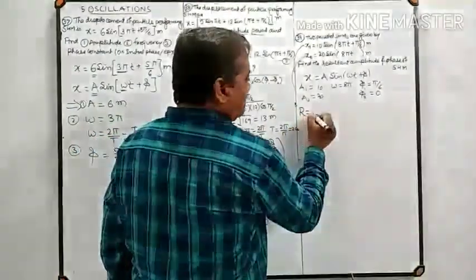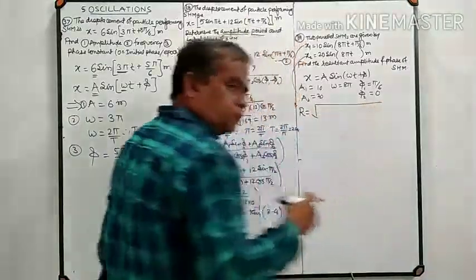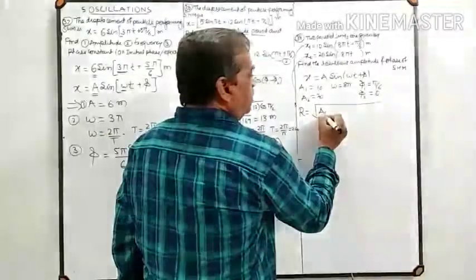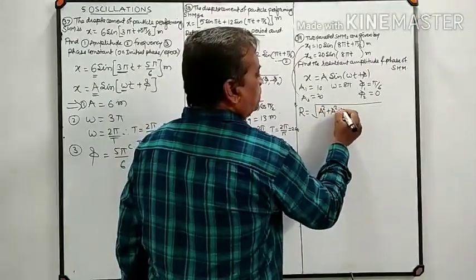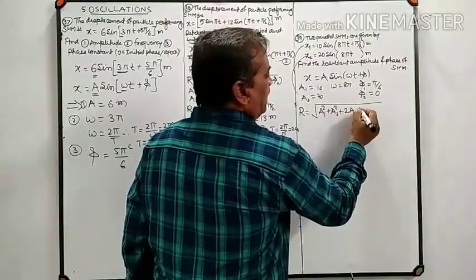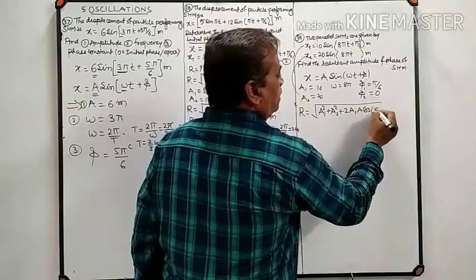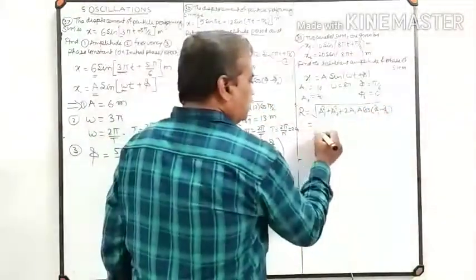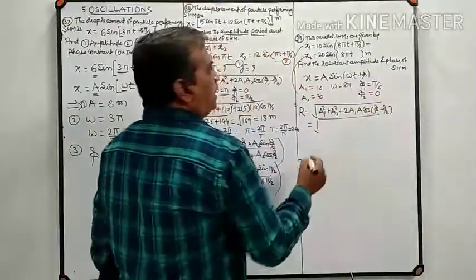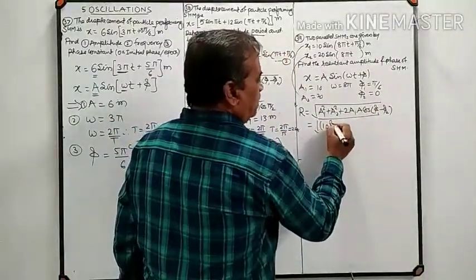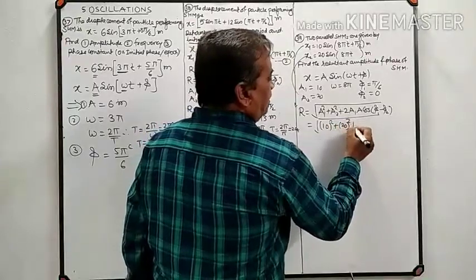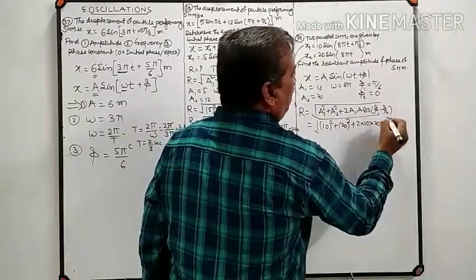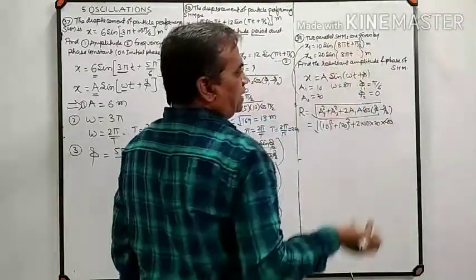Resultant amplitude is R, the resultant amplitude of two SHM performed by the same particle. R is equal to the square root of A1 square plus A2 square plus 2 A1 A2 into cos of phi 1 minus phi 2. Or this is equal to under root of 10 square plus 20 square plus 2 into 10 into 20 into cos of pi by 6 minus 0.